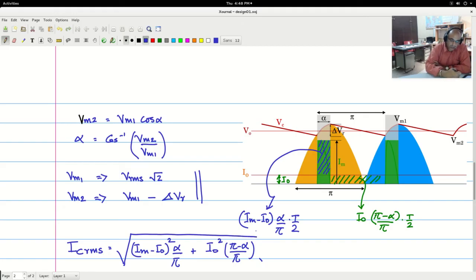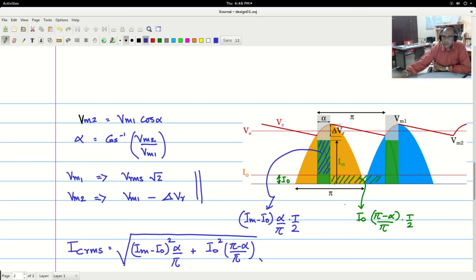So this would be the RMS value of the current that flows through the capacitance. This RMS current square into the ESR value of the capacitor will give you the heating effect within the capacitor. So this may be useful, especially when you want to do thermal management and thermal design.